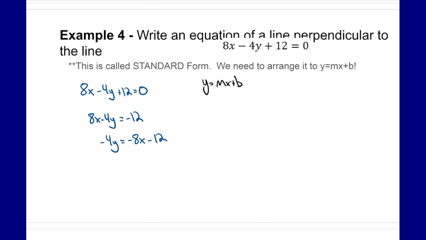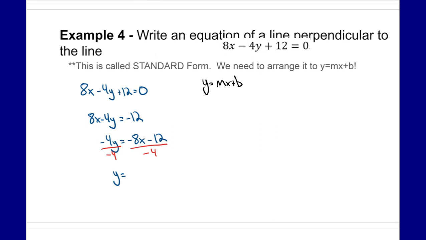And you might say, well, I have the y on one side and everything else on the other side. Which would be true, except we need to get the y by itself. So I need to divide by negative 4, and I need to divide everything on this side by negative 4 as well.